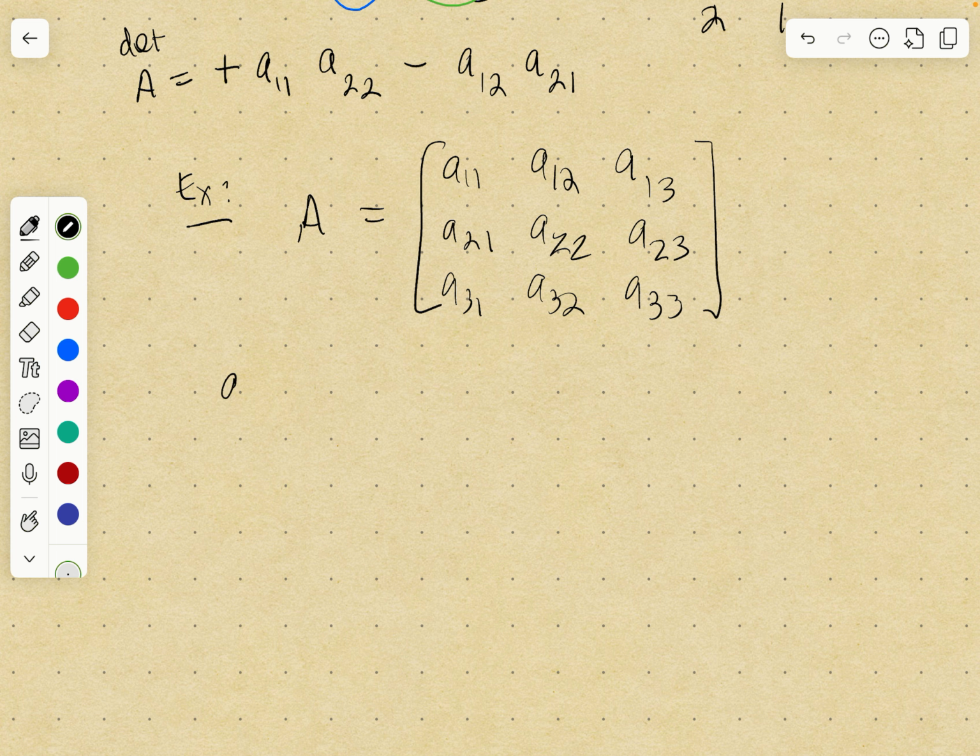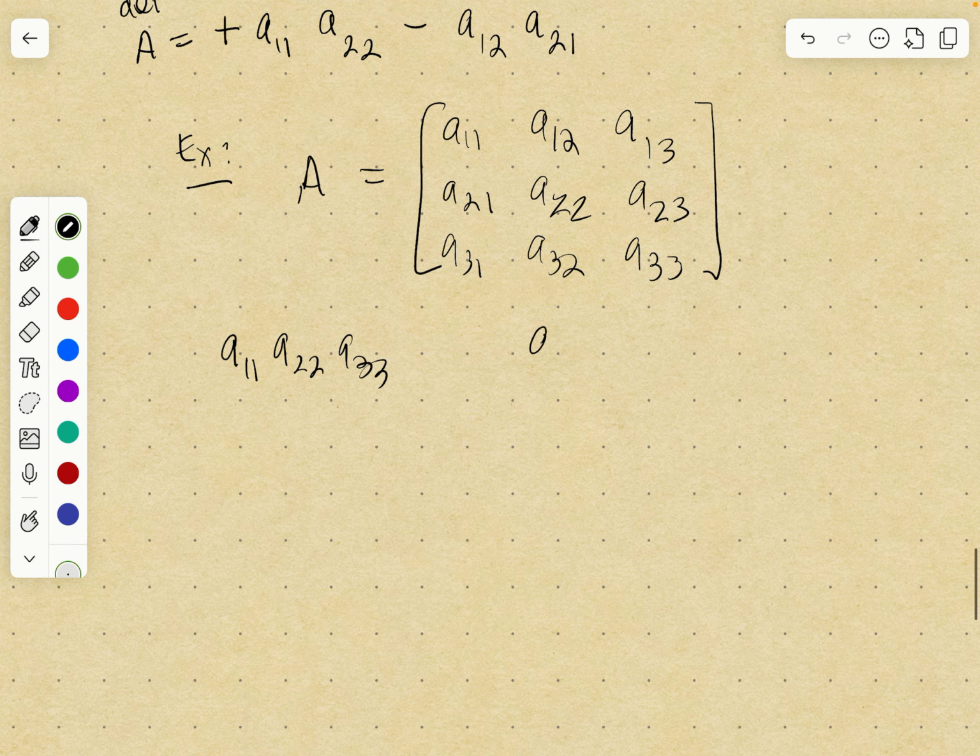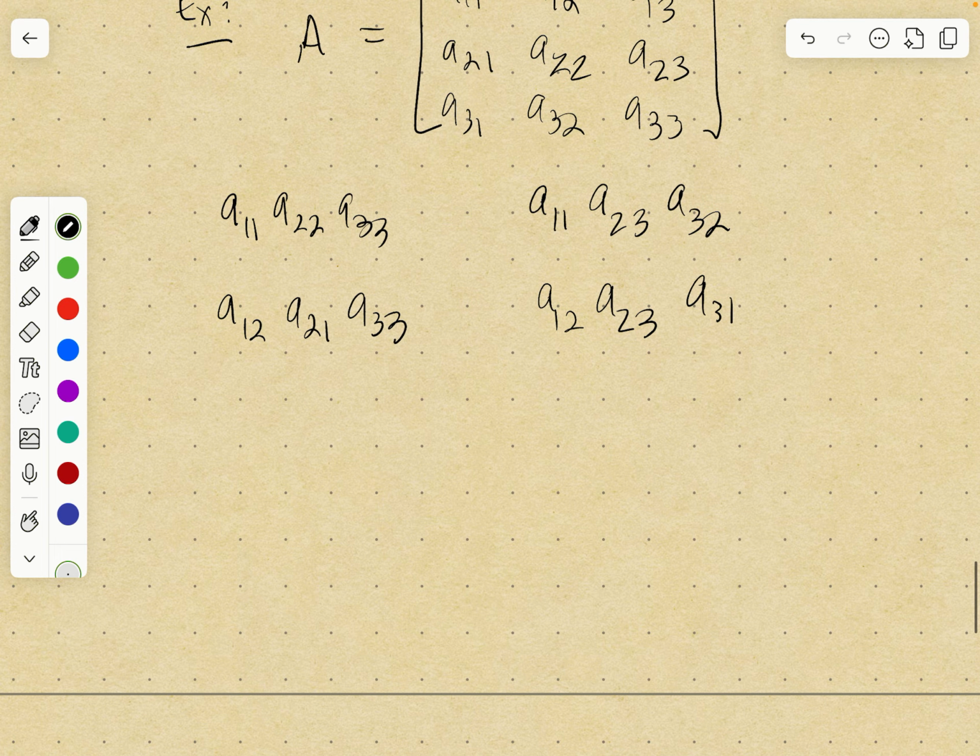So you're going to have A11, A22, A33, and then you're also going to have A11, A23, A32, and then you're going to have A12, A21, A33, A12, A23, A31, and then finally A13, A21, A32, oh wait, that's not finally, and now finally A13, A22, A31. So that's all 6 of them.